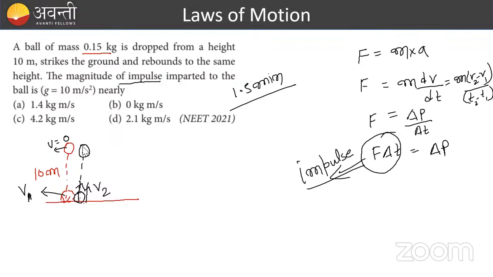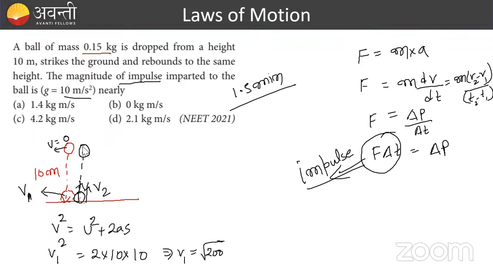We can apply the kinematics equation, v square equals u square plus 2as. So v square here is v1 square, u square is 0, and 2 into the height, 10, into acceleration due to gravity, which we take as 10. So v1 will be equal to root 200, right? So this is root 200.